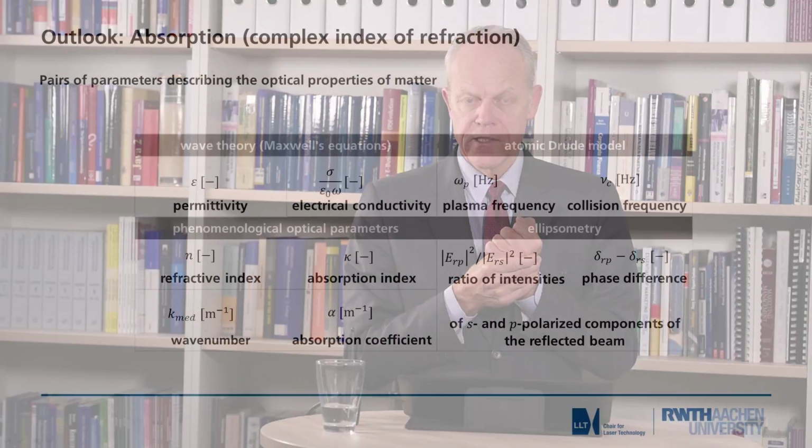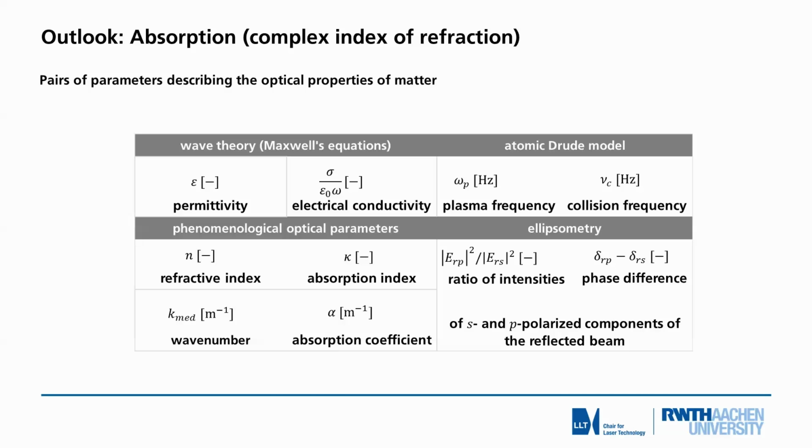You can define 5 of such parameter pairs in total, with which we can describe the nature of what happens if electromagnetic radiation hits a surface of a specific medium. And we only need 2 parameters of the medium to describe everything that happens with respect to reflection, absorption, and transmission. You already know these 2, the index of refraction and the absorption index, n and kappa.